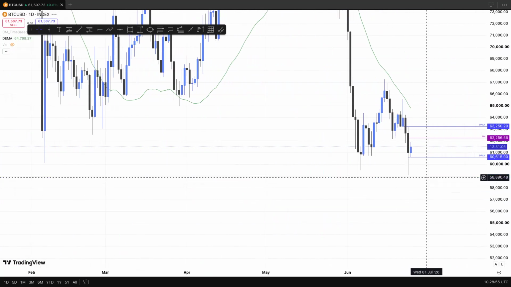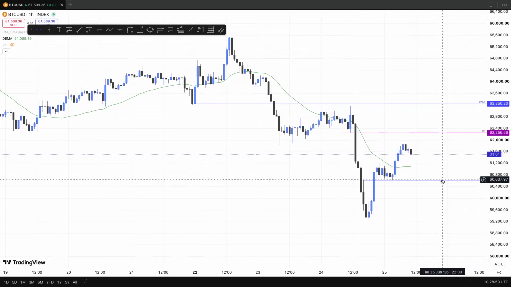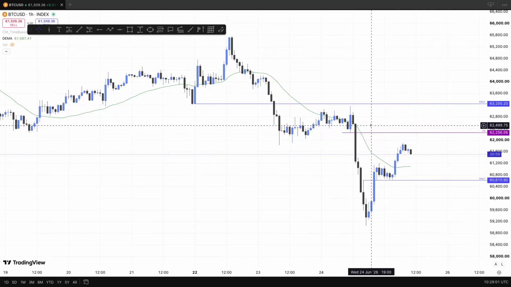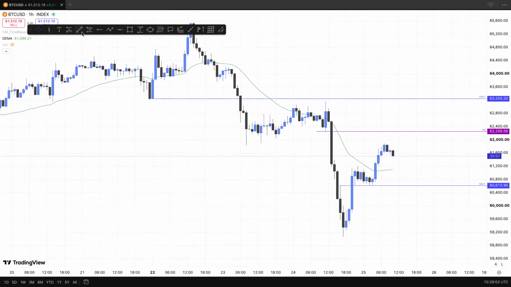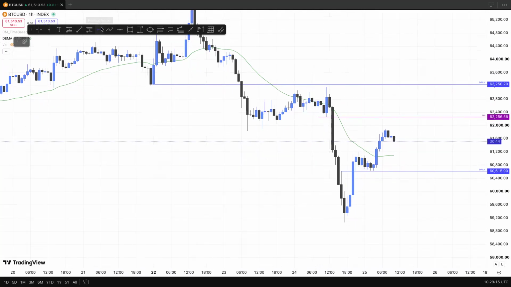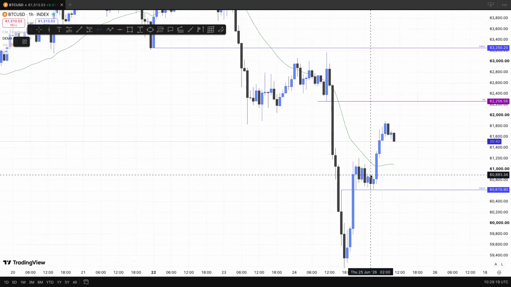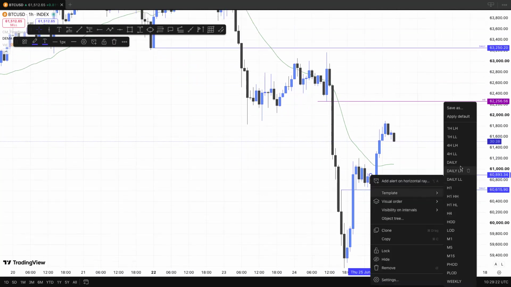So when we go to the H1 time frame again, price is giving an impulse to the upside, okay? And the next supply price is likely to find next is this 1-hour supply in confluence with the H4 supply, okay? So I decided not to mark it because it's in confluence with the H4 supply. And the next demand for price to invalidate will be this demand right here, okay?